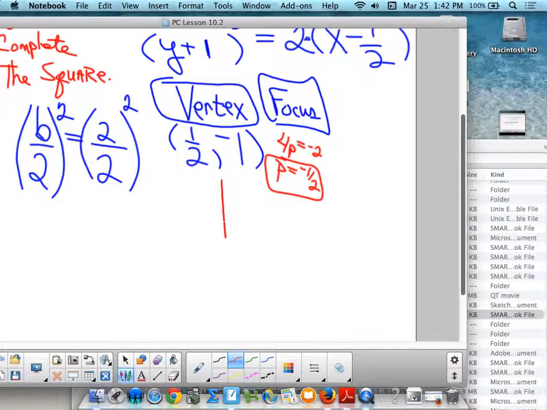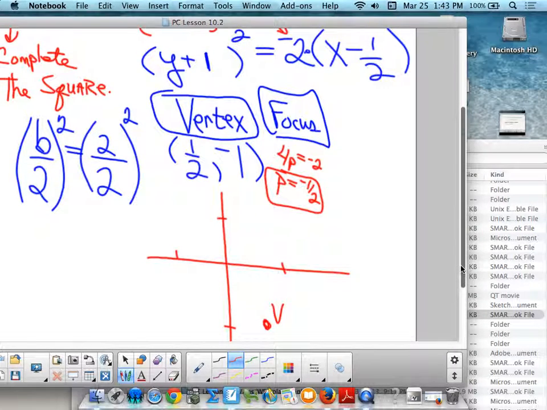So here we go. What I know is 1/2. There's 1, there's 1, there's negative 1, there's negative 1. 1/2, negative 1. Yes. Vertex is right there. The p-value is negative 1/2. Do I have to go down or to the left? Hey, y plus 1 squared. Is this a right, left, up, down?